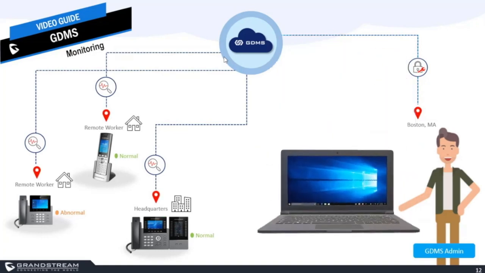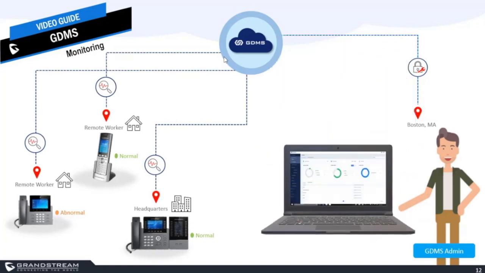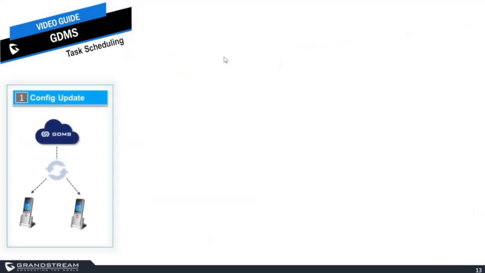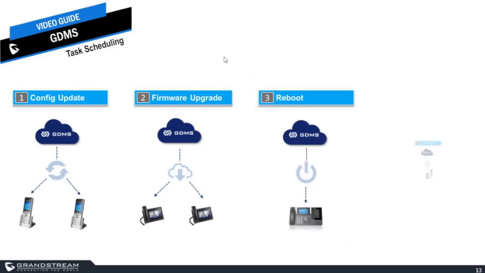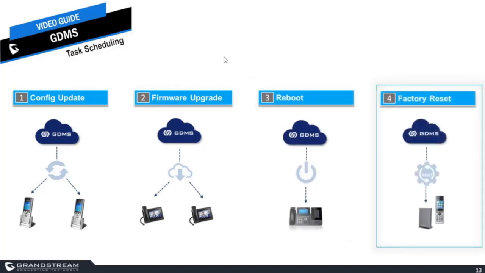The GDMS interface offers multiple display options that are designed to help the account administrator monitor the status of deployed devices in real time. The task management tool allows users or administrators to schedule certain tasks, such as configuration updates, firmware upgrade, reboot, and factory reset.